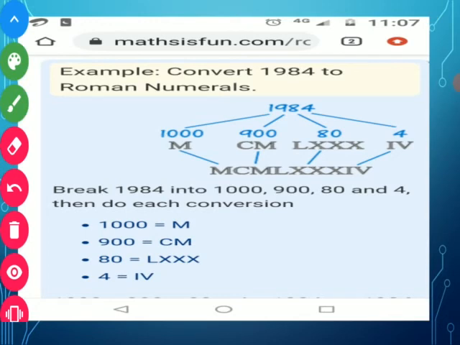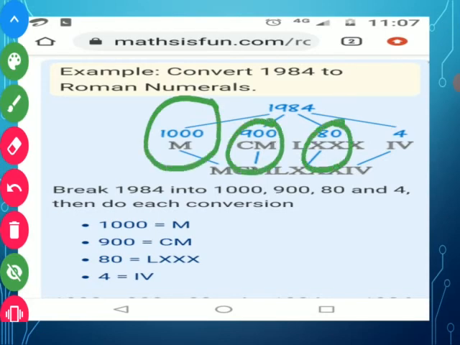Now let's take a bigger number, 1984, and write it in Roman numerals. In the expanded form it is written as 1000 plus 900 plus 80 plus 4. Now 1000 is represented by M, 900 by CM, 80 by LXXX, and 4 by IV, and together you write it.